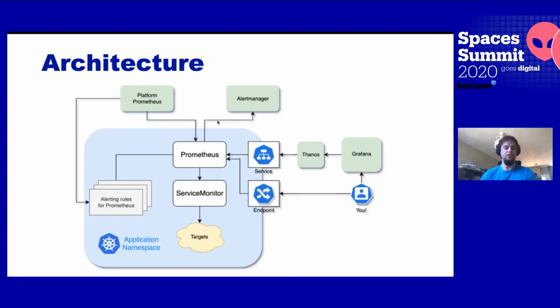So what it will look like in the end, if you take a look, it's very simple. Instead of having a platform Prometheus that does everything, in your application project, in your application namespace in GKE, you spin up your own Prometheus, and this Prometheus is then going to do the job of scraping your targets by service monitors that you define.